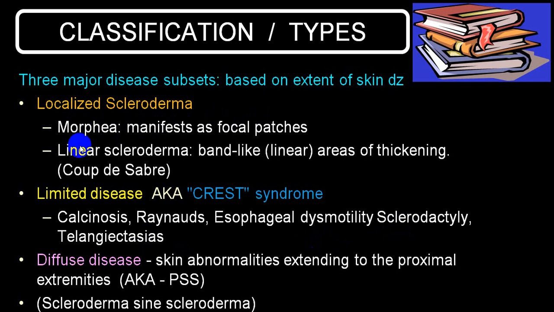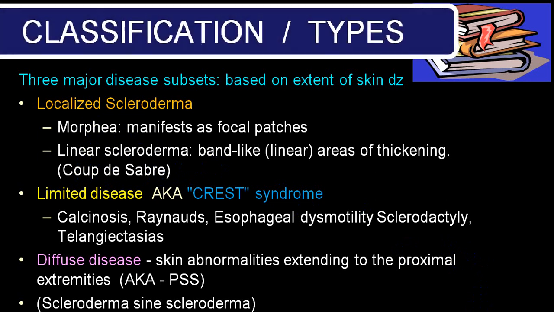And if it involves a band-like linear area of thickening, then it is called linear scleroderma or coup de sabre. These are the two common varieties which are being included. There are others also which are included in localized scleroderma. As we pass on, we'll be mentioning some of those.